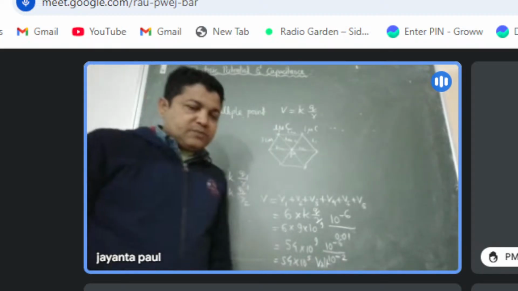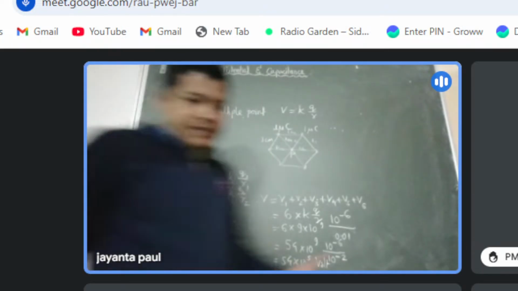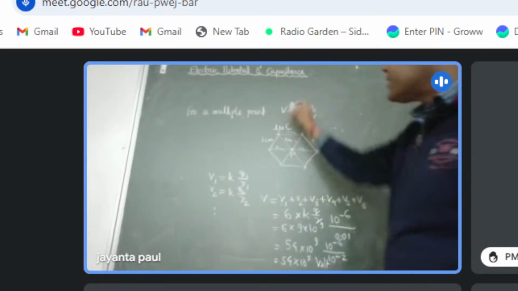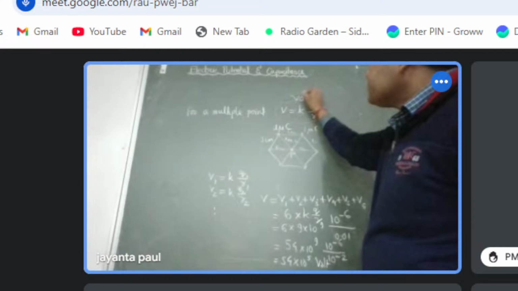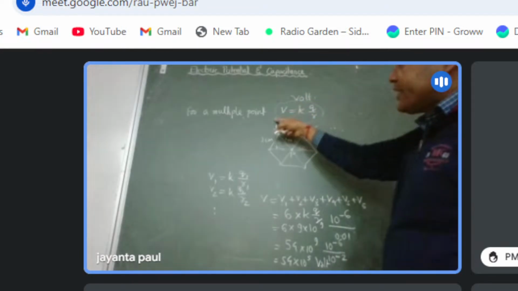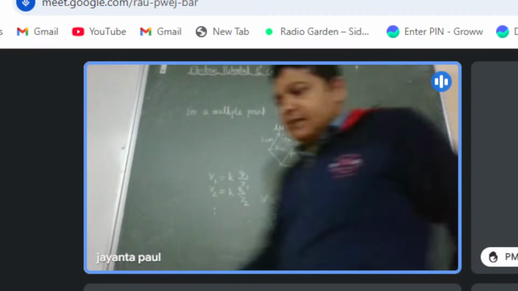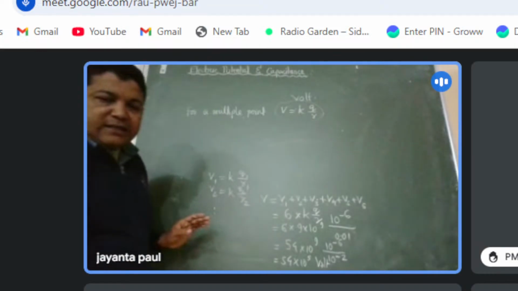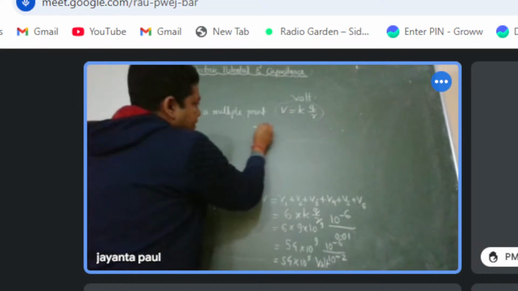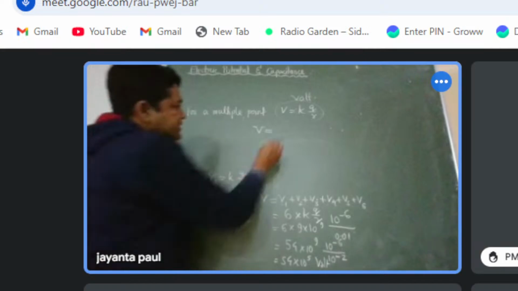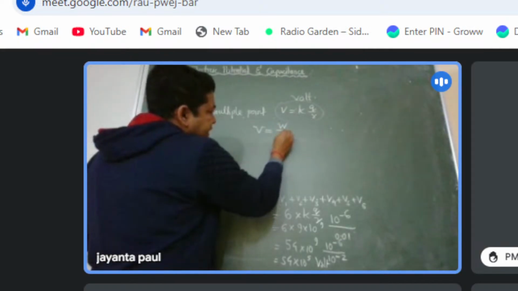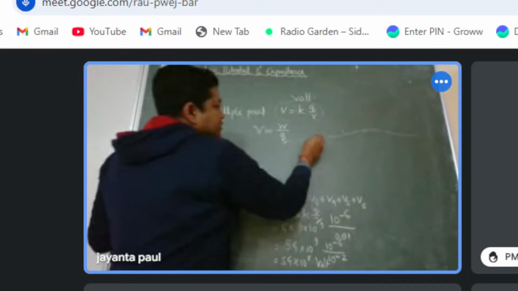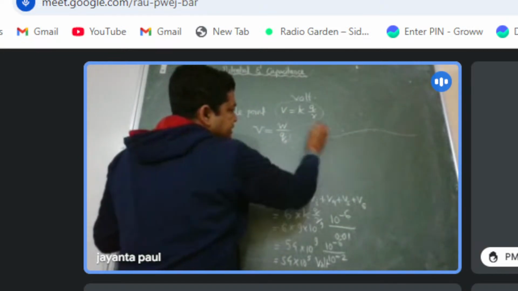Okay. I forgot to say one thing, that the SI unit of electric potential is volt. The potential comes from the topic of work done. You might be knowing that potential is the amount of work done in bringing a unit positive test charge from infinity to a given point in an electric field.